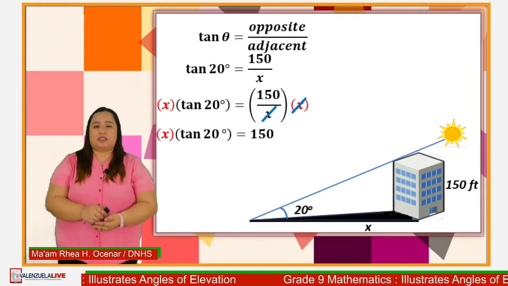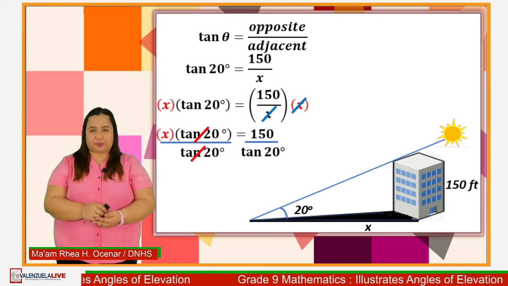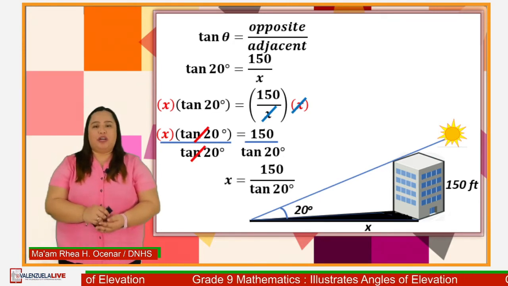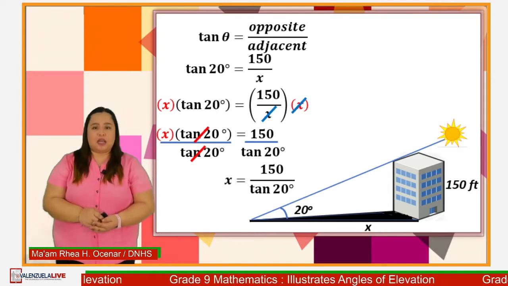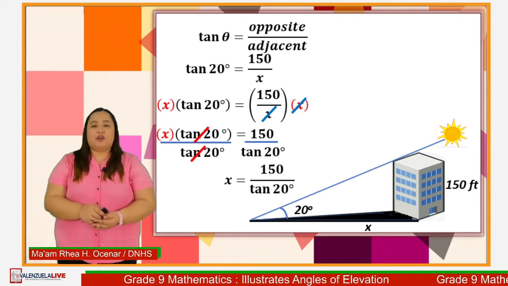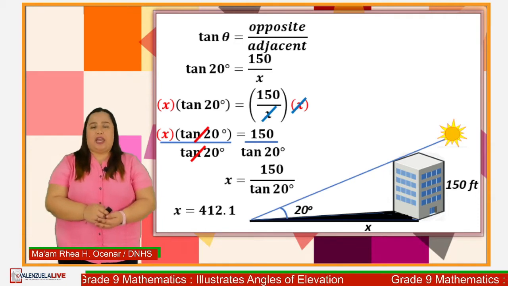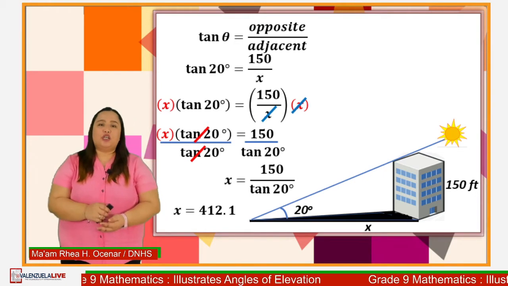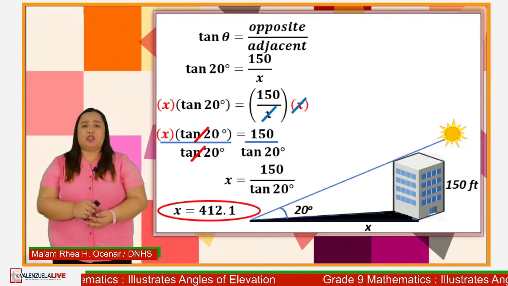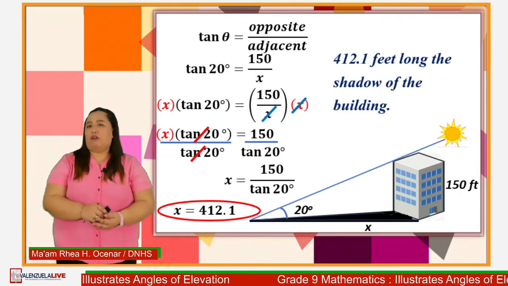Divide both sides by tangent 20 degrees and we have x is equal to 150 over tangent 20 degrees. Simplify using the scientific calculator and round off your answer to the nearest tens. And we have x is equal to 412.1. Therefore, 412.1 feet long is the shadow of the building.